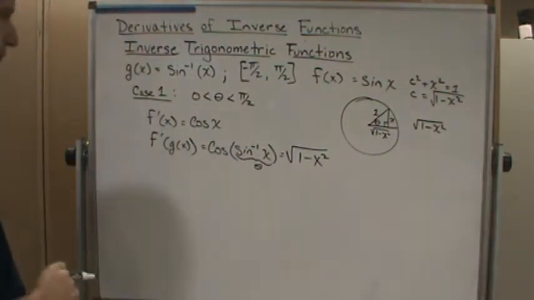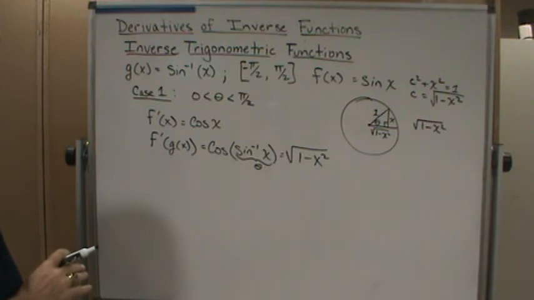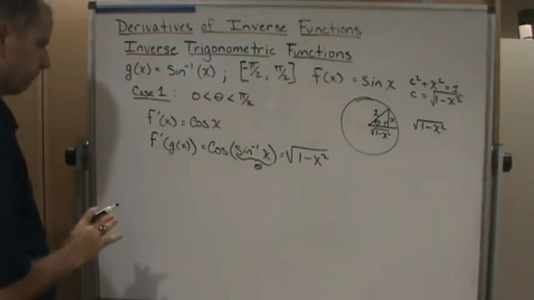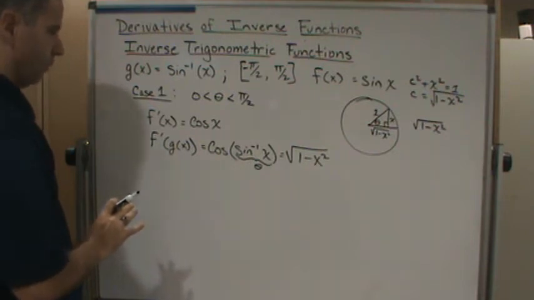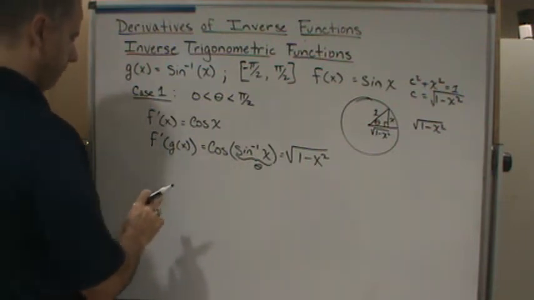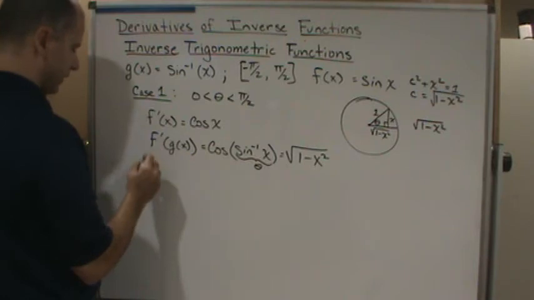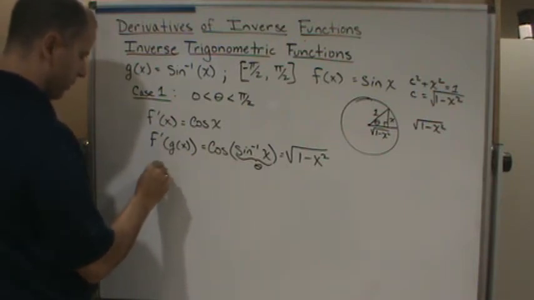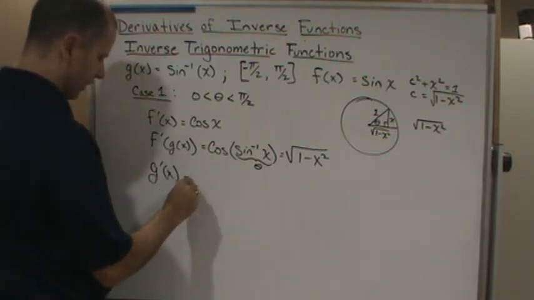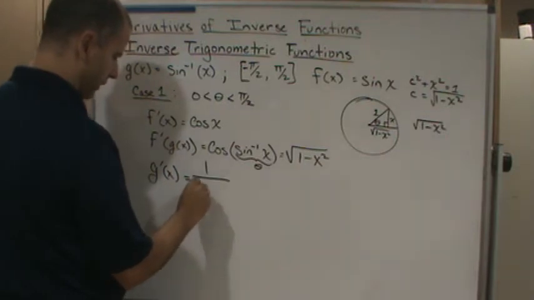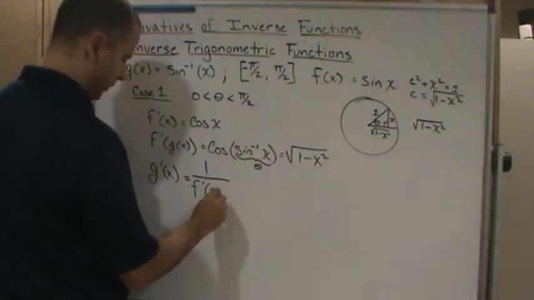Now that we know this, we can find g prime of x. Remember, g prime of x is 1 over f prime of g of x.